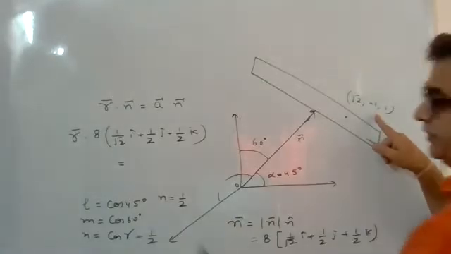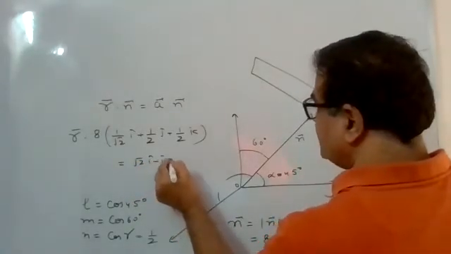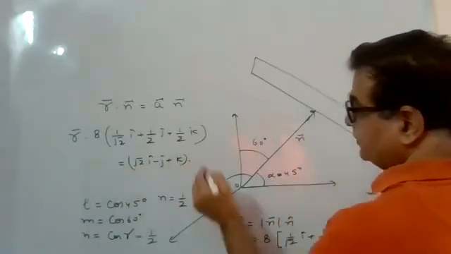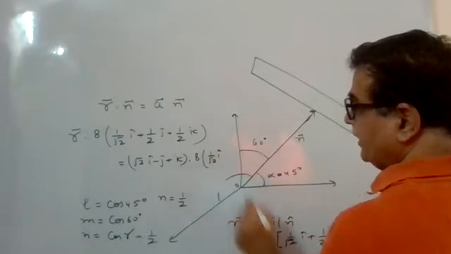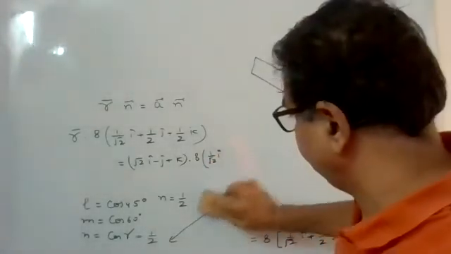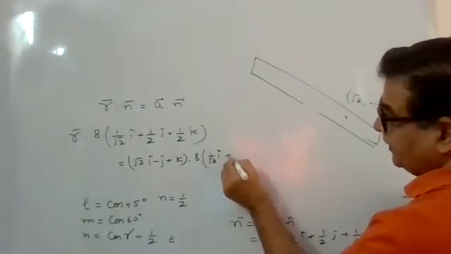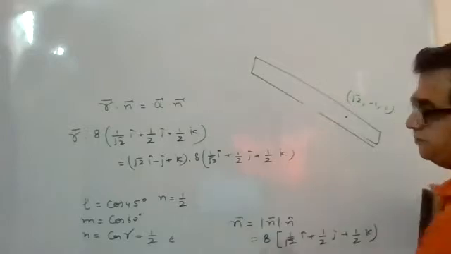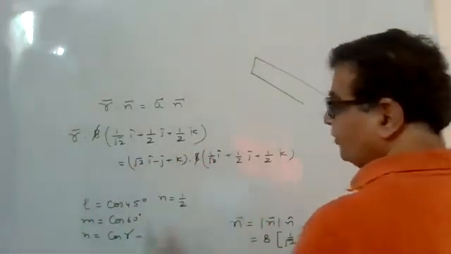What is a? a will be root 2 i minus j plus k, dot 8 into (1 by root 2 i cap plus half j cap plus half k cap). This 8 cancels out from here.